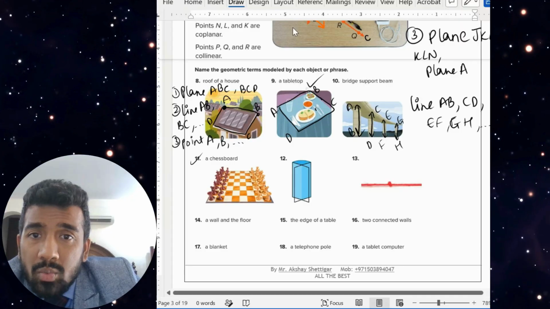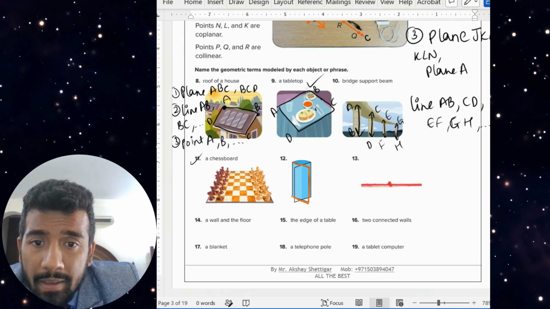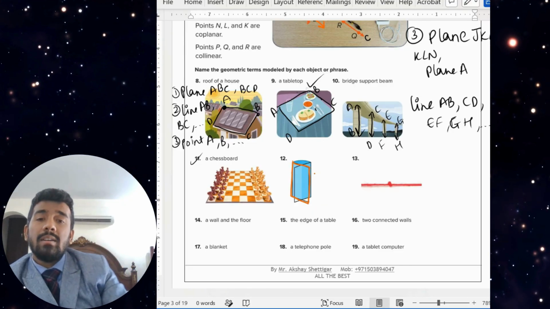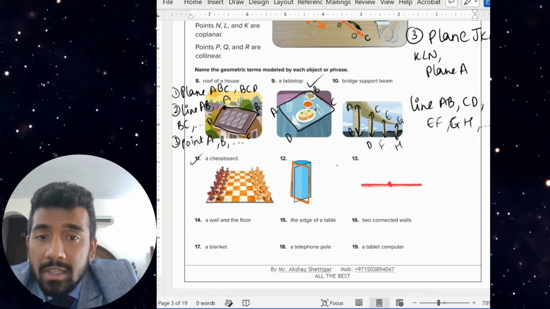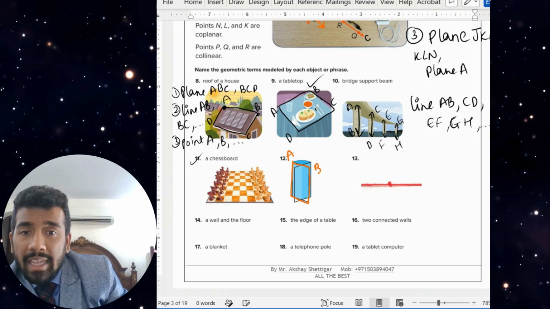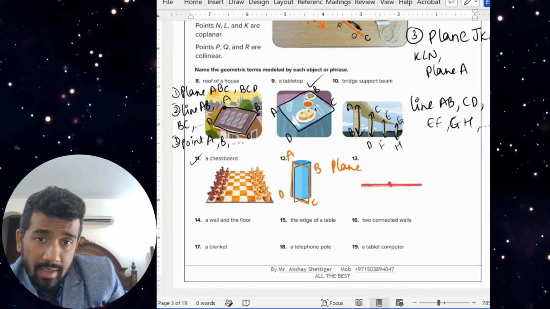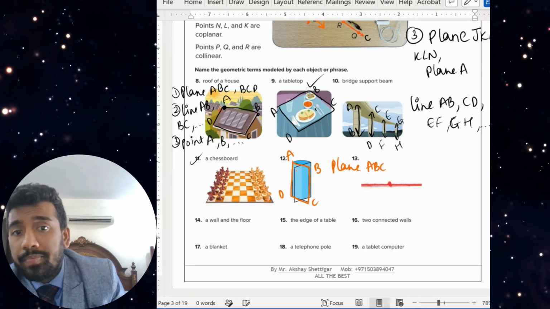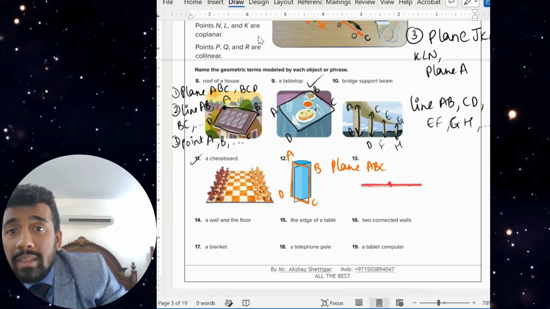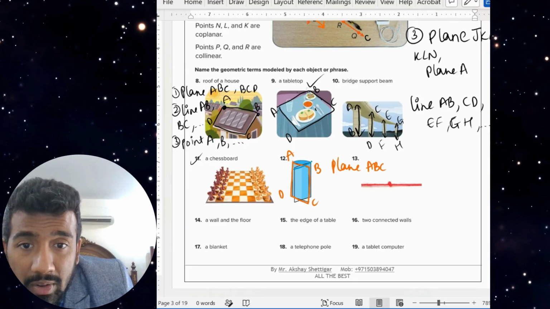Okay, let's go to the next one, which is question 12. This is a little bit different. So this looks like two planes. You see, there's one plane here. Let the letters be A, B, C, D. So I can say it has a plane ABC. Also, there is one more plane, which is passing across it like this one.